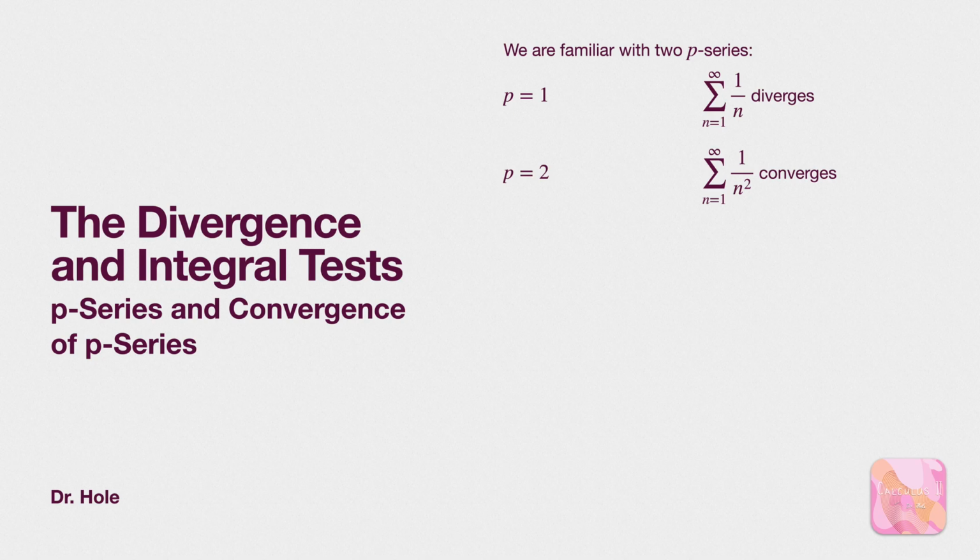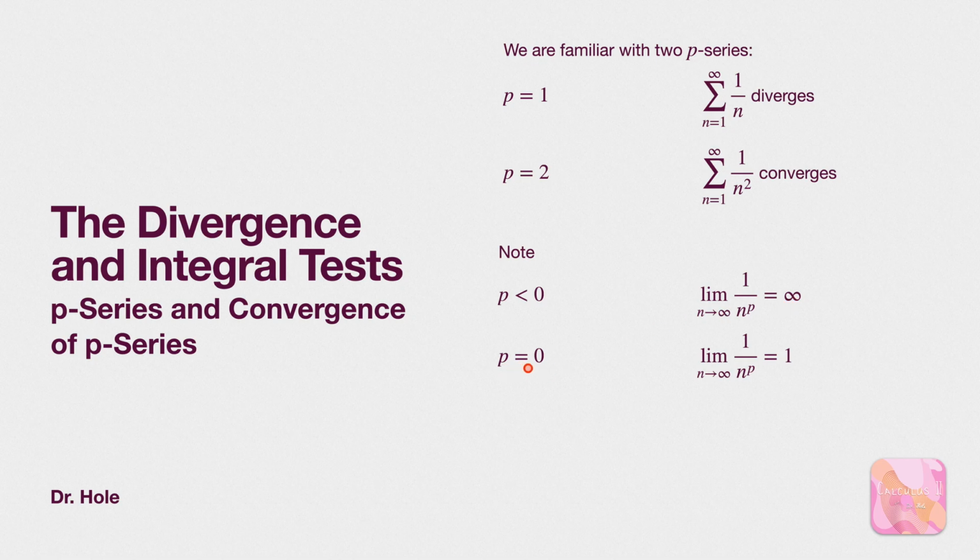Now, in this video, we've also done the divergence test. So let's consider any p-value which is negative. That means that this n is going to pop up into the numerator, and we're letting n go out to infinity. Therefore, the terms a sub n in a p-series with p being negative do not tend towards 0.